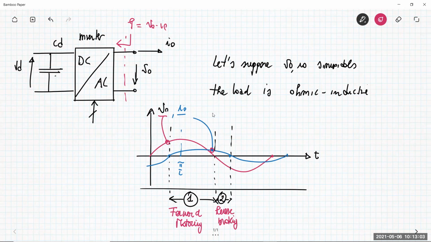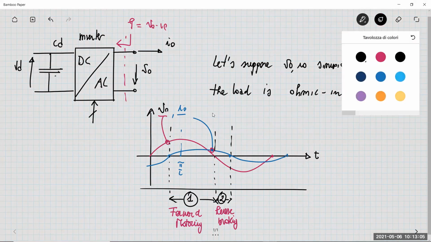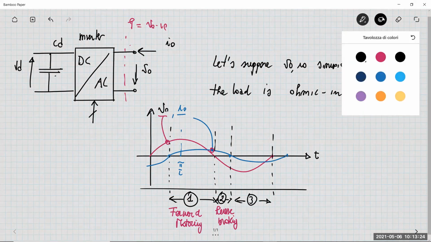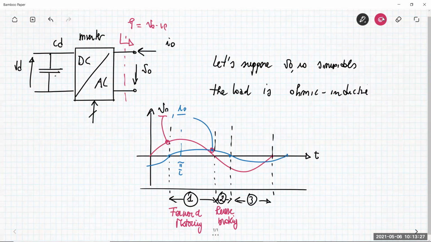Then there is a third situation, this one, in which both the voltage V0 and the current I0 are negative. The power is positive because it's a product of two negative quantities. So we have again a situation in which the inverter operates as a motor, but now it is the reverse motoring operating mode.